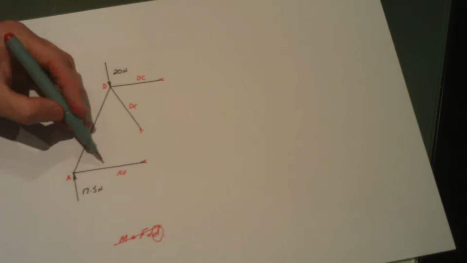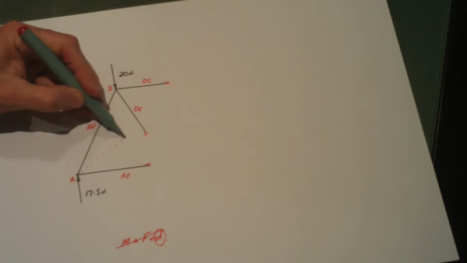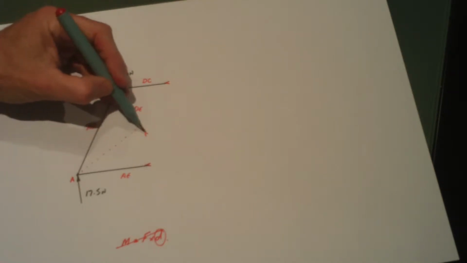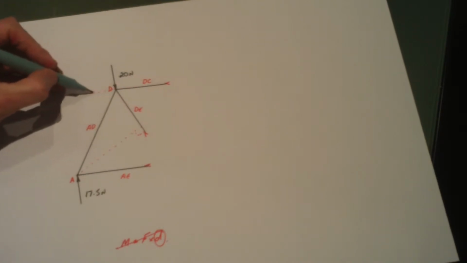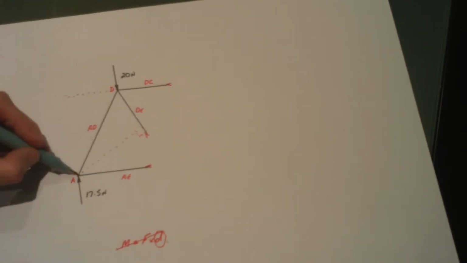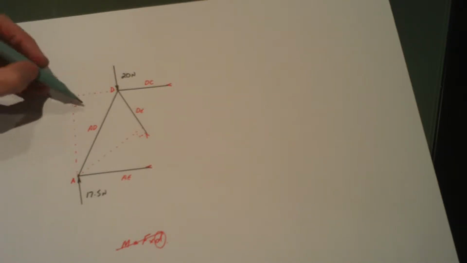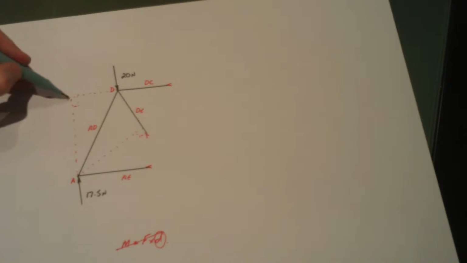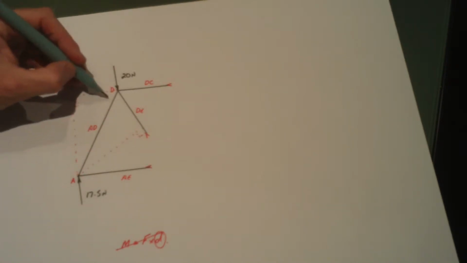Now we can use that same concept and say, okay, if that's 2 and that's 2, then think about the perpendicular distance out from a pivot point to a line of action of any of these members. If we take that one and that one, it won't take too much for you to see this as being a right angle. What we've created is a right triangle within our equilateral triangles, where there is an angle of 60.